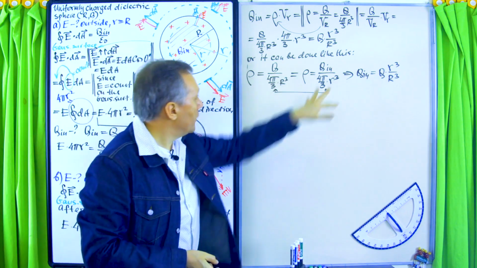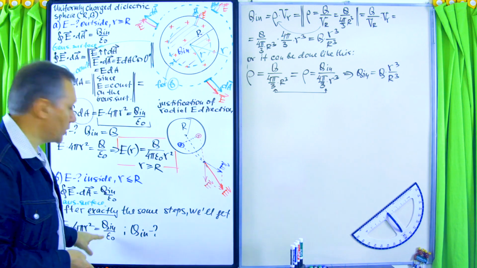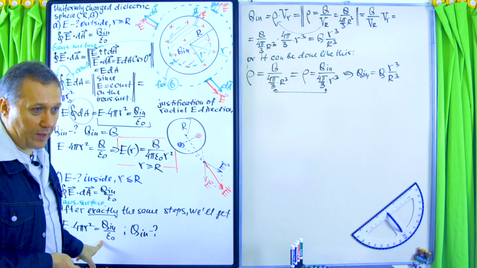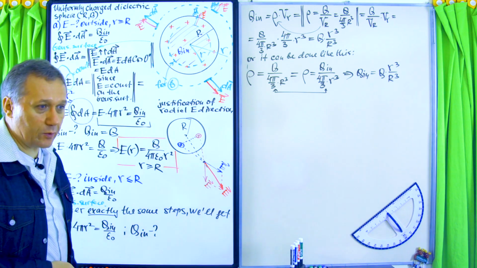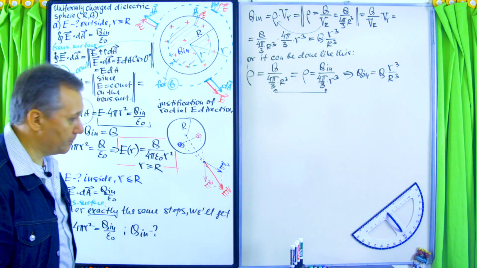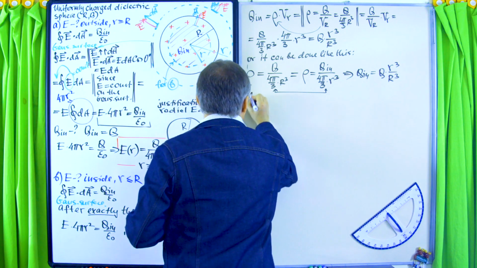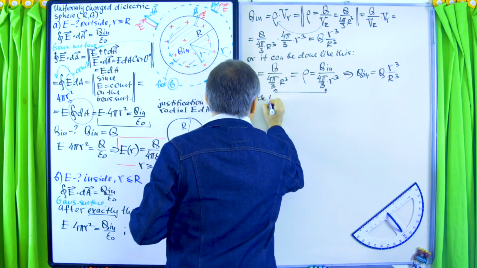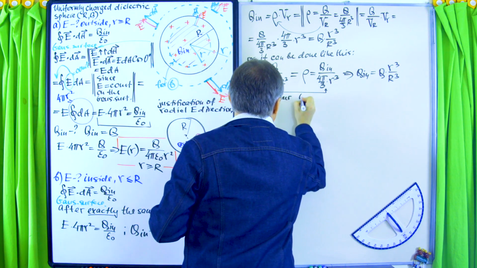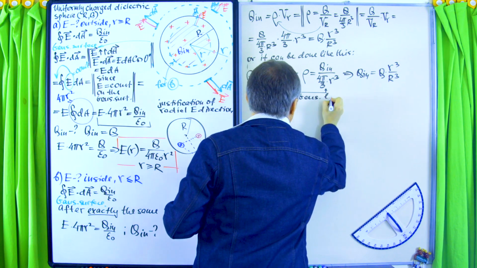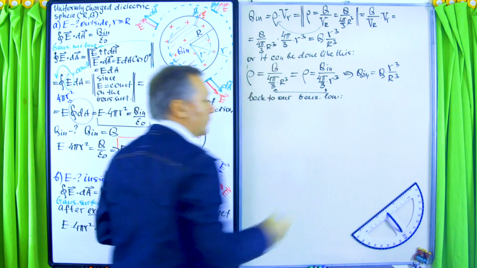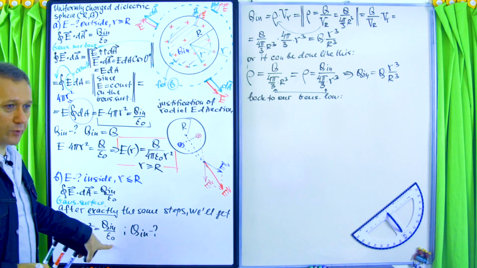Okay, so now, once we found Q enclosed, it's time to plug it back into what we got from Gauss's law and complete the problem. So, back to our Gauss's law, pretty much back to this point.